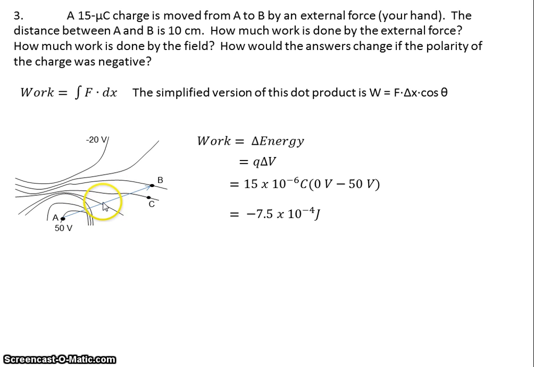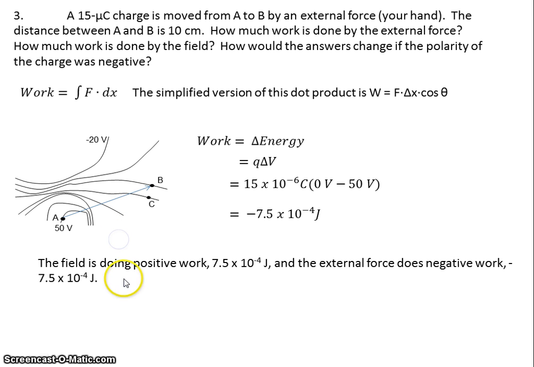Well, that means our force must be pointing from B to A in the exact opposite direction of our displacement. So the external force is going to be doing negative work. However, the field itself does positive work. So the field does positive 7.5 times 10 to the negative fourth joules. But the external force does a negative amount of work, negative 7.5 times 10 to the negative fourth joules.